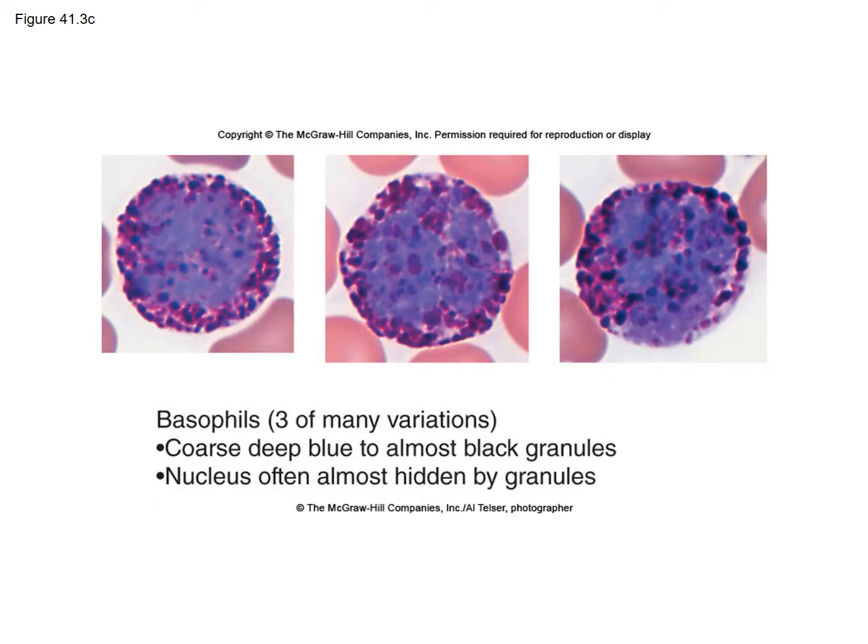Basophil, the basic again, is blue, as you can see. It has coarse deep blue to almost black granules, and the nucleus is often almost hidden by granules. It has so many granules that they actually cover the nucleus. Again, the basic dye makes this blue.